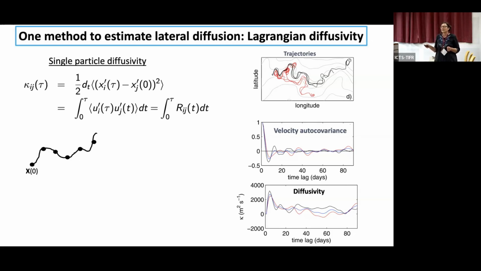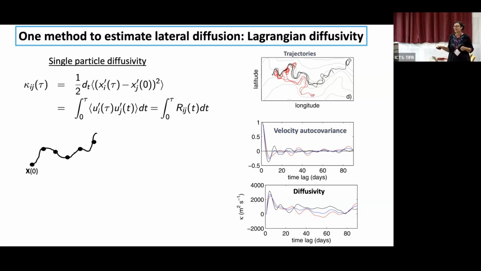Here you see some actual trajectories of an eddy resolving ocean model. What typically happens is that you do not get just a decay of the velocity autocorrelation, but it actually oscillates. This is due to the rotational parts of the eddies.